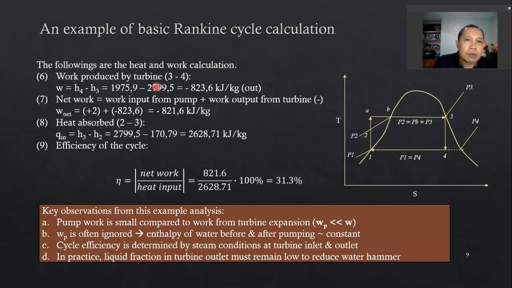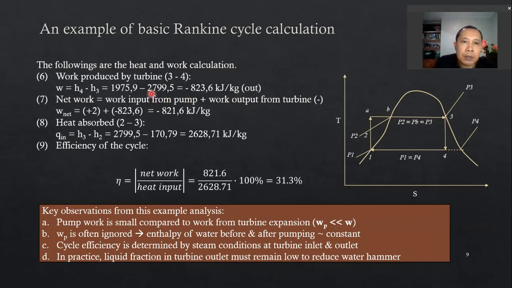Work produced by the turbine is calculated from point 3 to point 4, the expansion step, and the work is assumed to be equal to the delta H going from 3 to 4, and that is this 820 something kilojoule per kilogram of steam. The net work is the work input from the pump and the work output from the turbine. So we have two terms for the work.